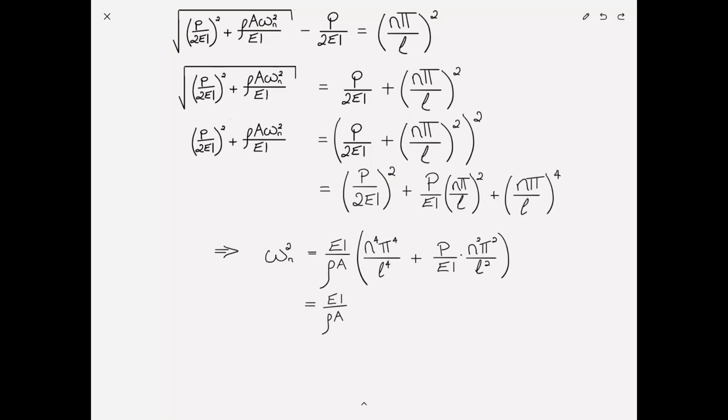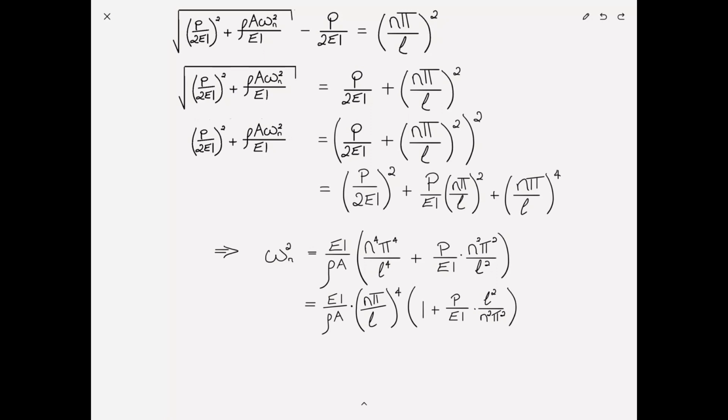And that can be rewritten as EI over rho A, and then I'm going to take out as a common factor (n pi over L) to the fourth power. And what remains in the parentheses is 1 plus P over EI times L squared over n squared pi squared.